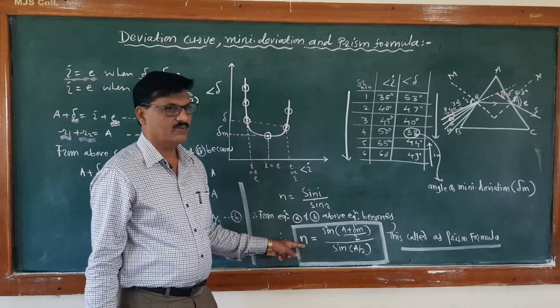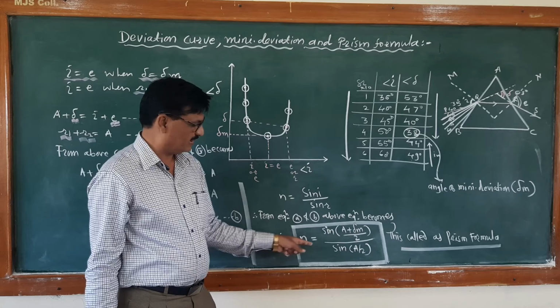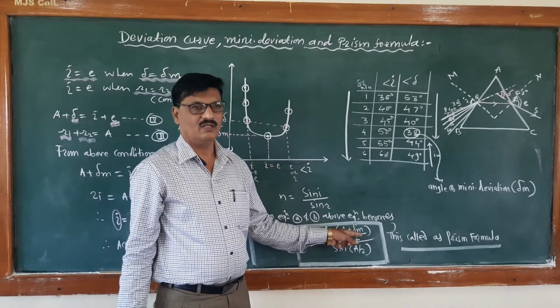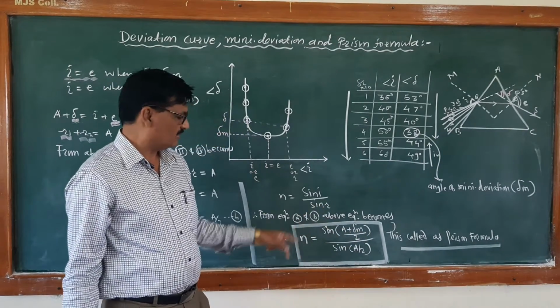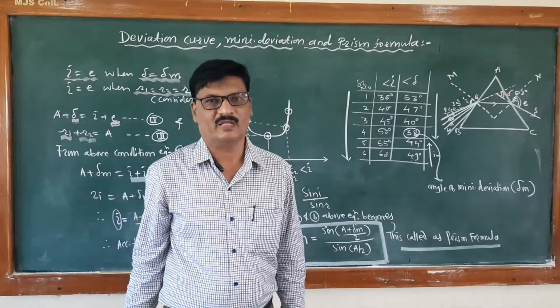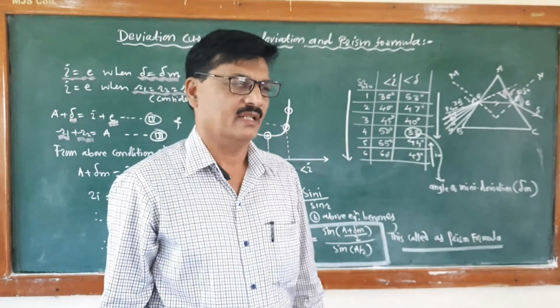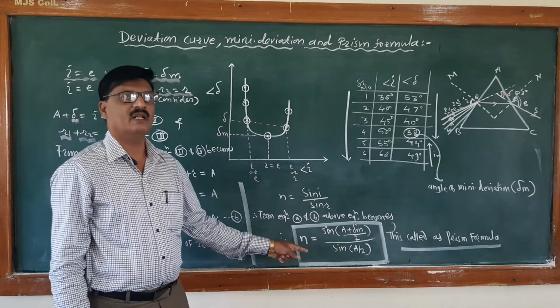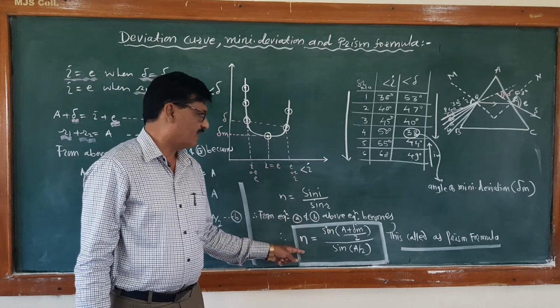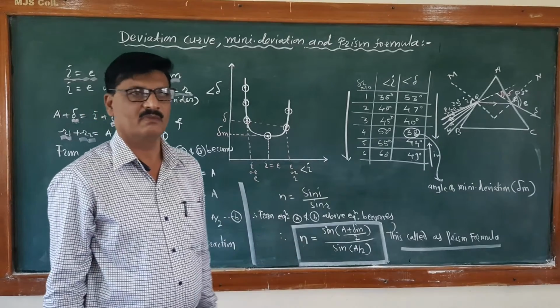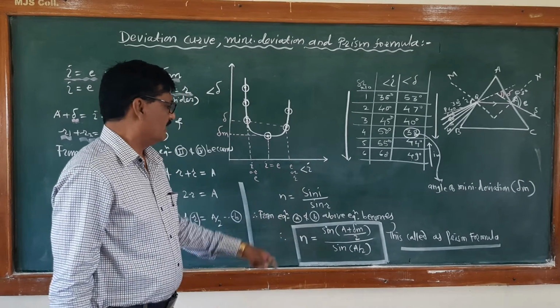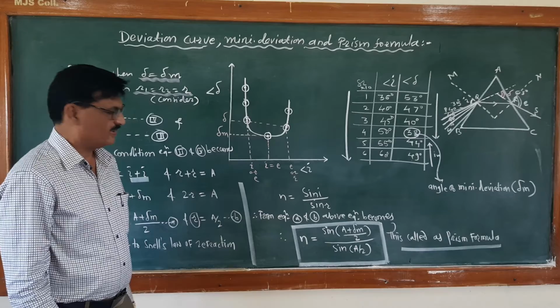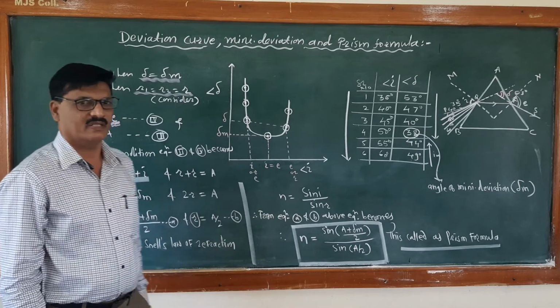Similarly, if you know the refractive index of the material of a prism, then we can calculate the angle of minimum deviation. Sometimes a question may be asked: find the refractive index of the material of a prism having angle of minimum deviation 43 degrees. Using the derived expression for the prism formula, in this way you can obtain the last required expression for the prism formula. Okay, thank you.